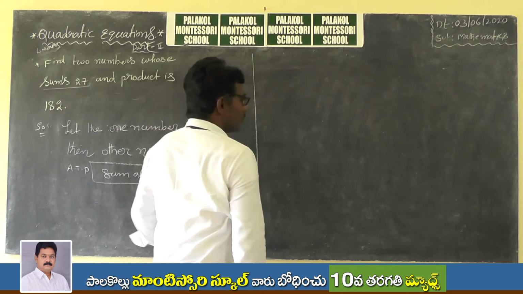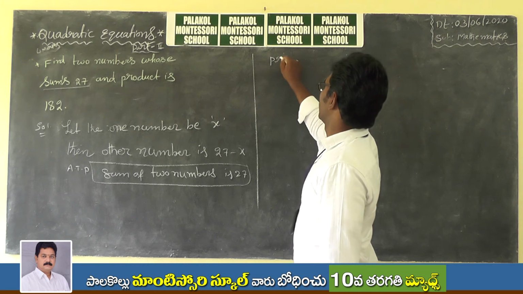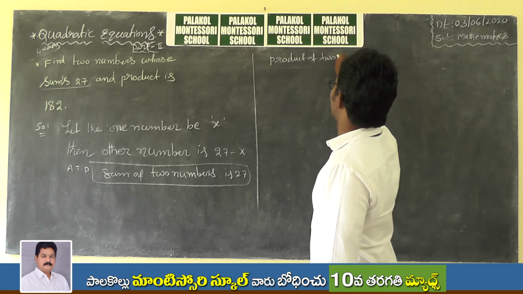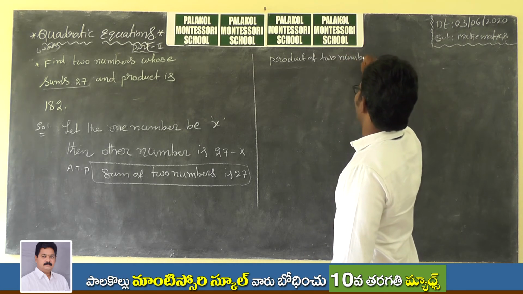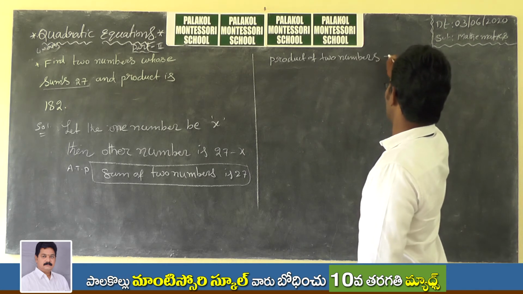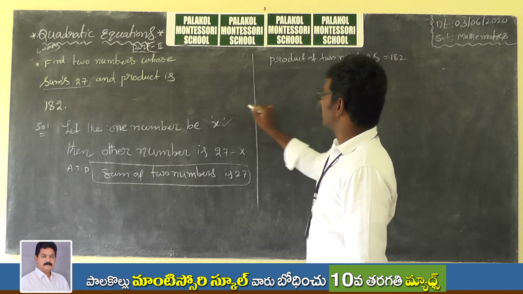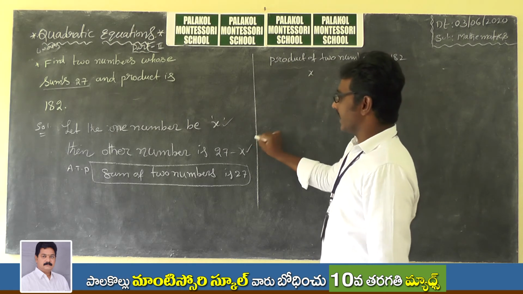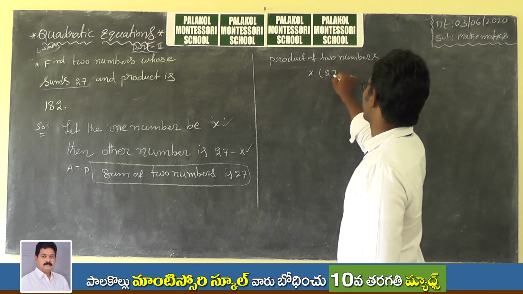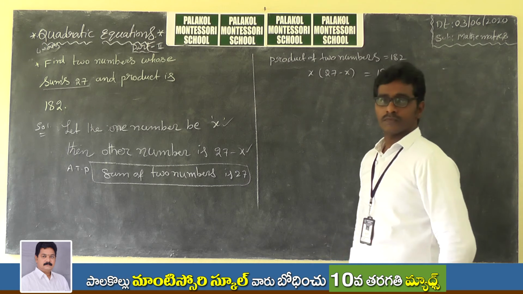Now, the product of two numbers is 182. Product of two numbers means the first number x times the other number 27 minus x is equal to 182.